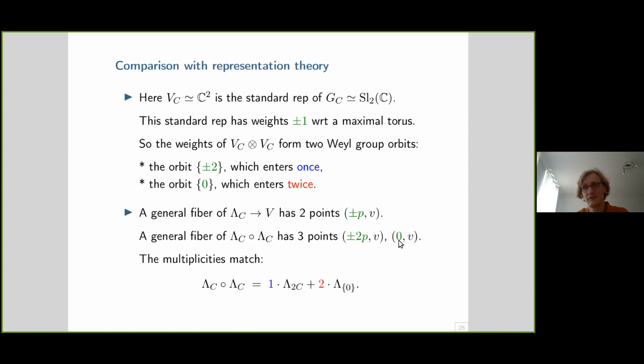And because of the degrees of the maps, before the degree was 1 for the diagonal and degree was 2 for the anti-diagonal. So you find back these weight multiplicities as multiplicities in the characteristic cycle.